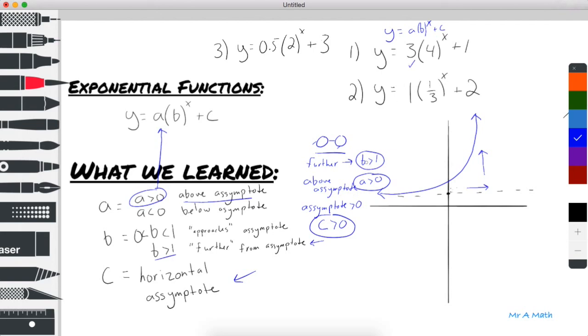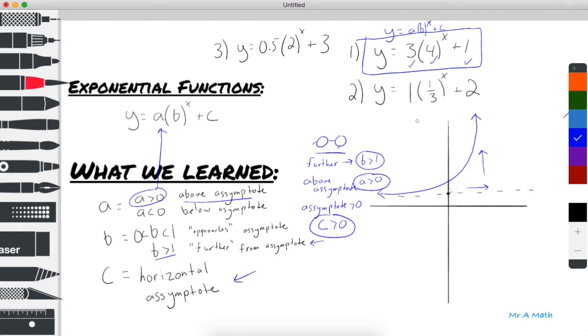My b has to be greater than 1 because it grows away from the asymptote. That's good. And my c has to be positive. So this is good. For all purposes, number 1 could work. So I'm going to circle number 1 right now. This could work as an equation. Do I know this is the exact equation? No, but it could work.